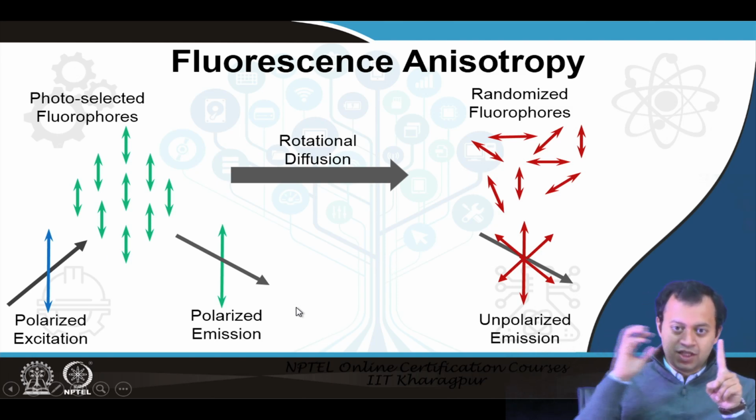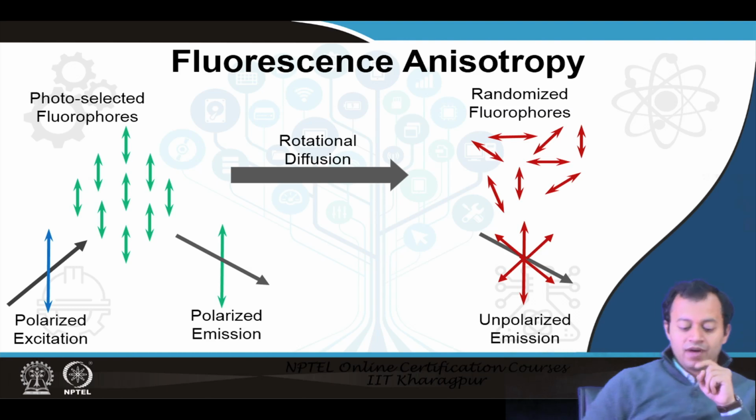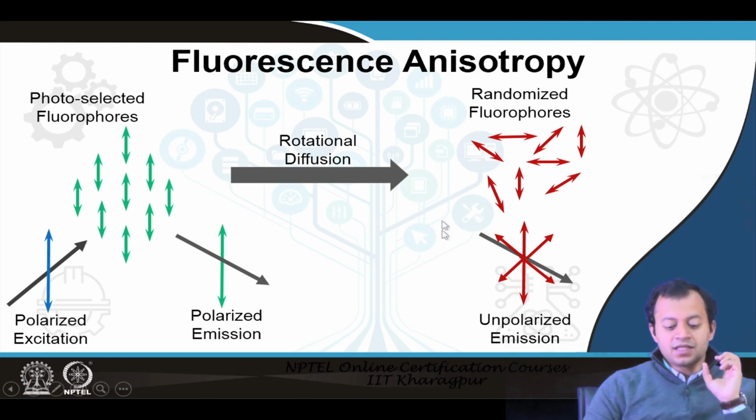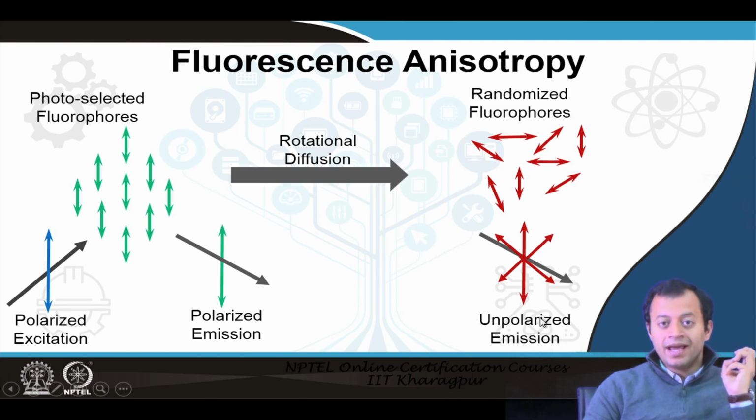Most light is being absorbed and most light is being emitted. After some time, the distribution of the fluorophores becomes randomized. That also starts reducing your emission. This is called rotational diffusion.